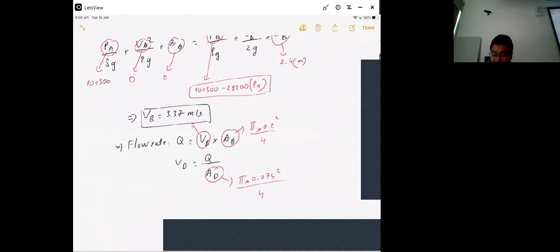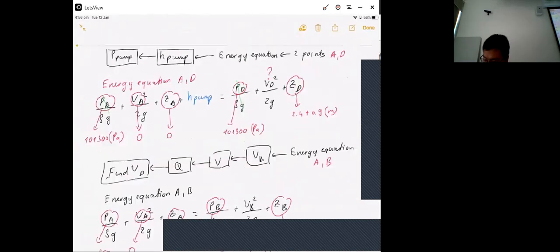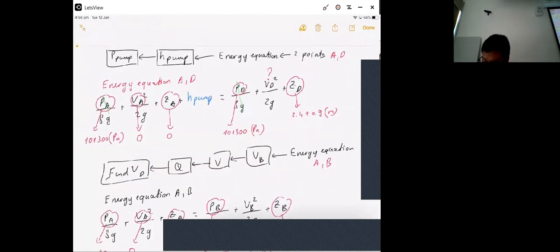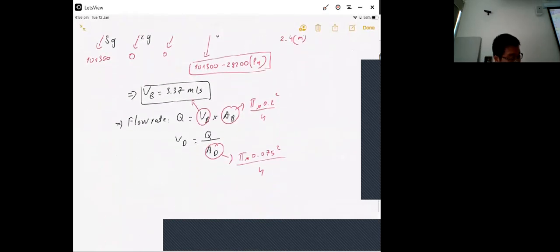I call this one equation 1. And VD here is 23.97 meters per second.